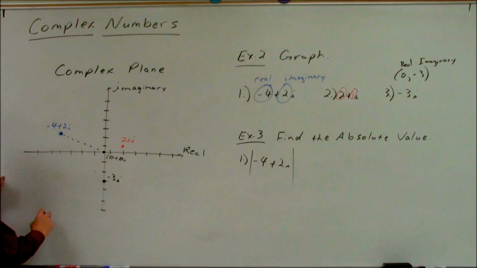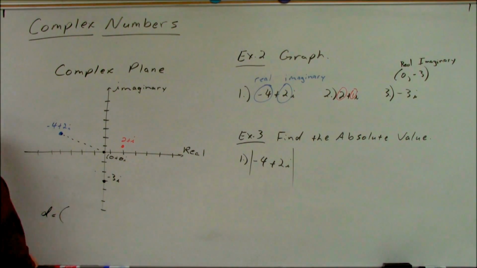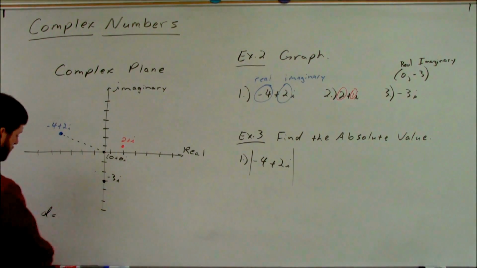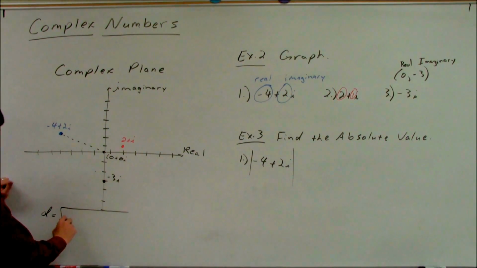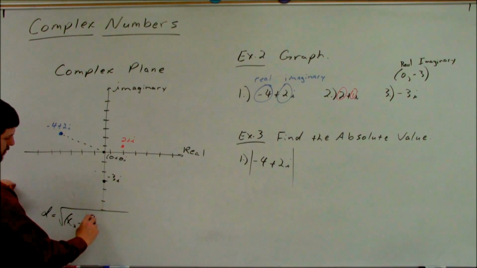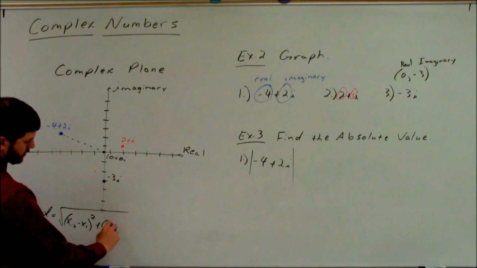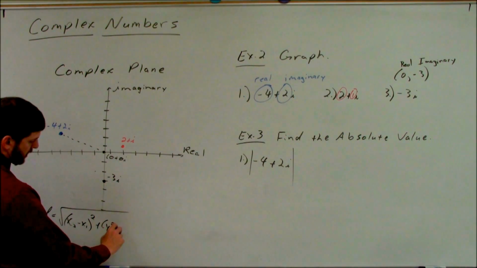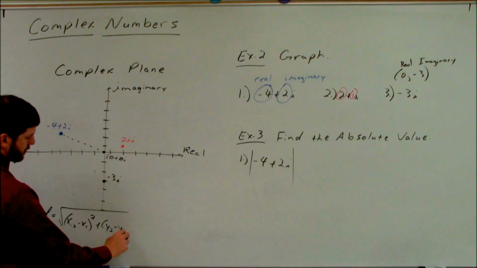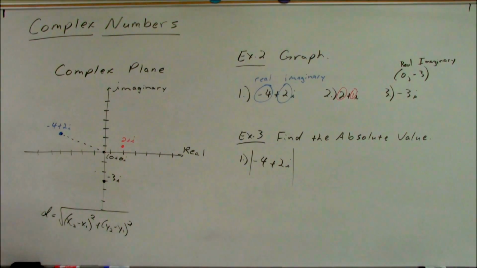So we remember the distance formula between 2 points: square root of x2 minus x1 quantity squared plus y2 minus y1 quantity squared.